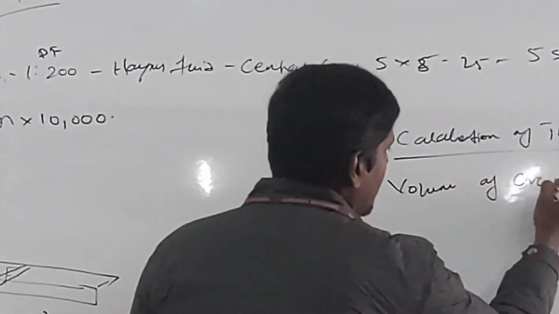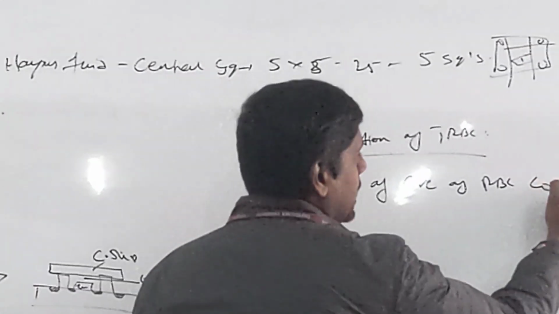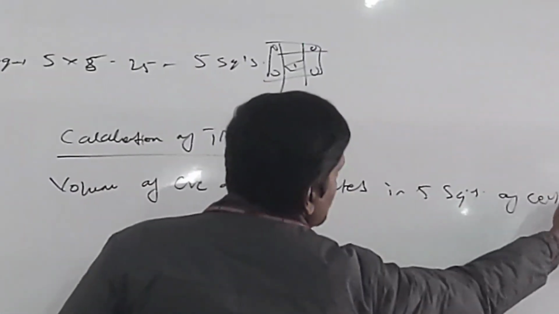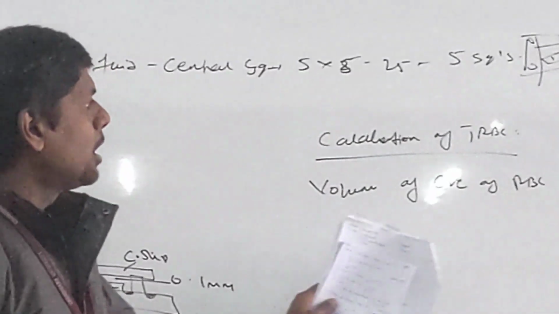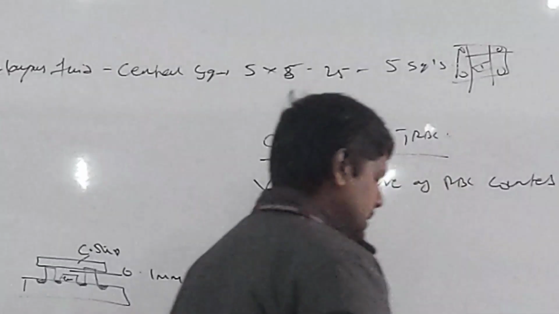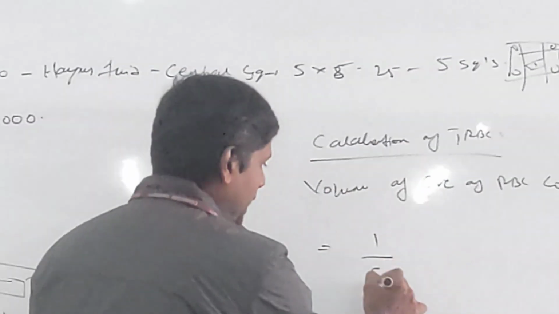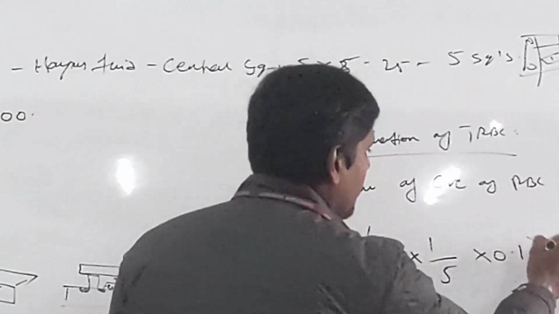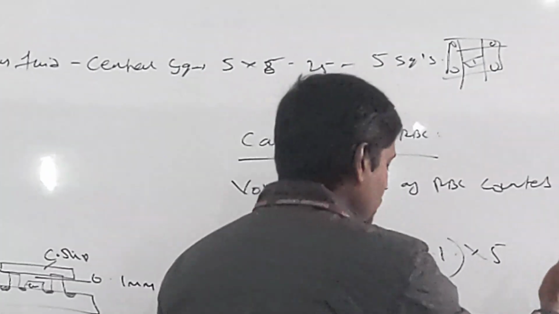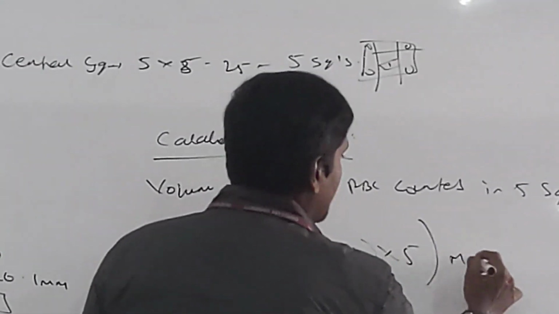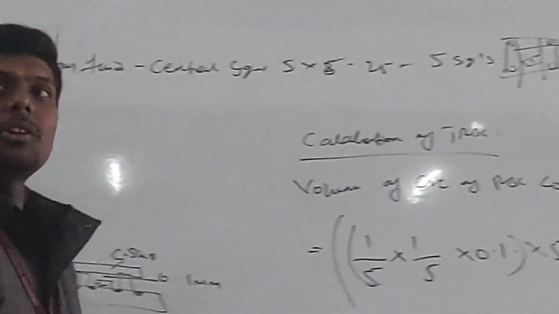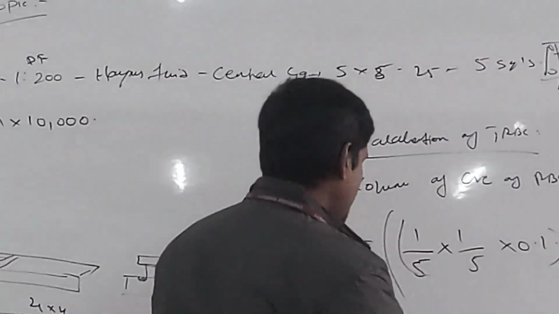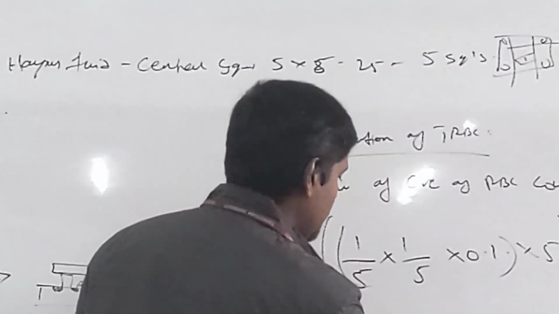Volume of the area of RBC counted in 5 squares of the central square is equal to 1/5 into 1/5 into 0.1 depth into 5, in millimeter cube.